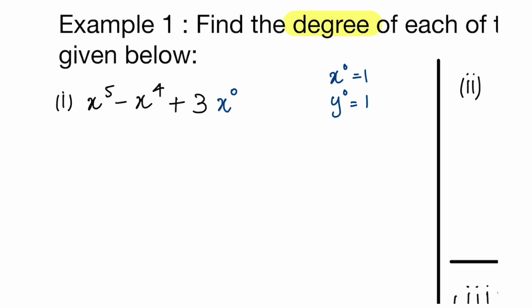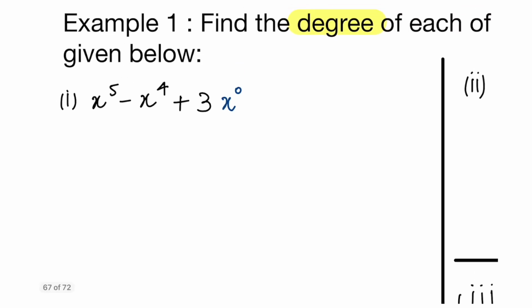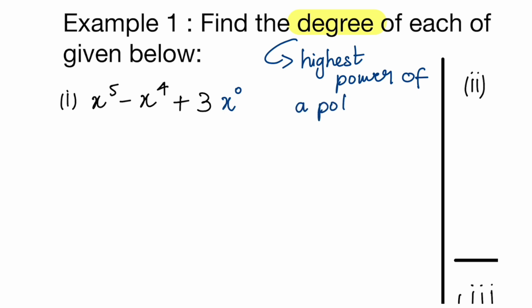So this 3 can be expressed as 3x power 0. This is your polynomial expression, and degree is basically the highest exponent value, or highest power, of a polynomial expression. Let me write that here. Degree is the highest power of a polynomial.